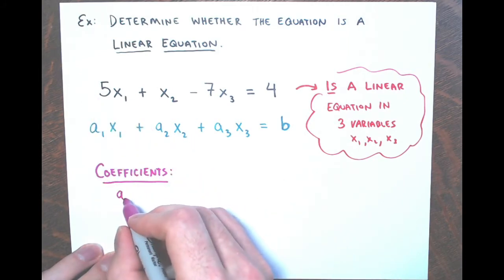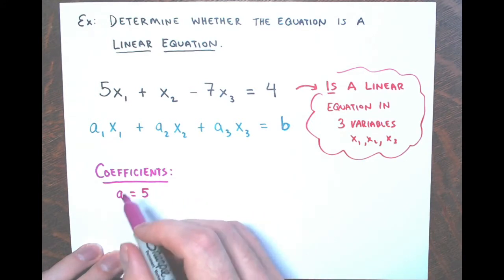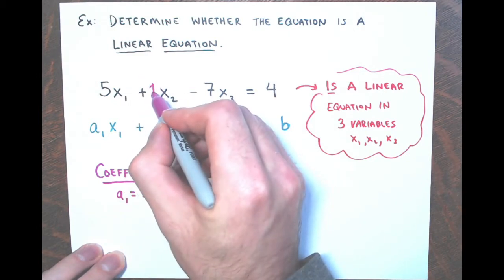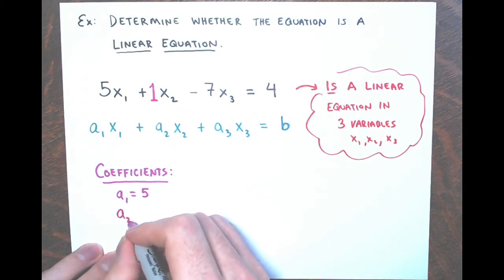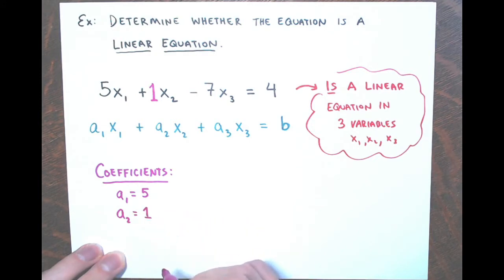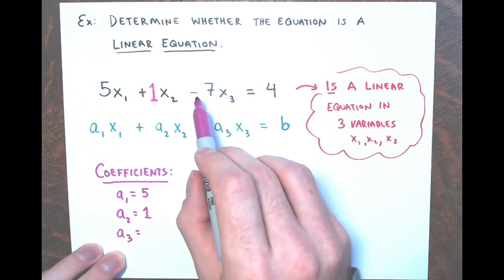That was the a1 I called it, positive 5. The coefficient of the x2 term is positive 1. Remember, if there's nothing there, I could always technically write times 1, and it's still the same thing. So the a2, the coefficient of x2, is positive 1. And then a3, the coefficient of x3, is negative 7.